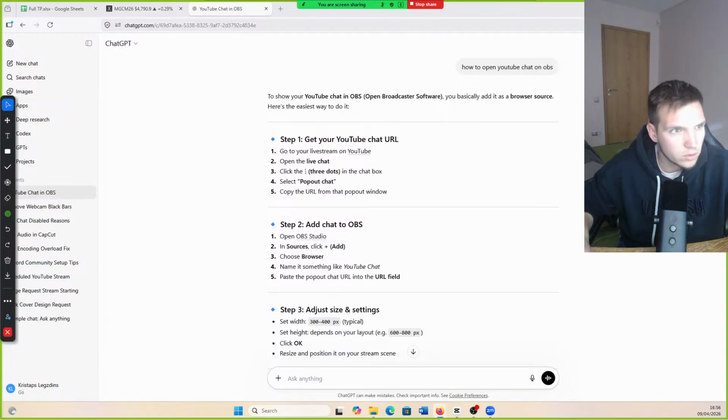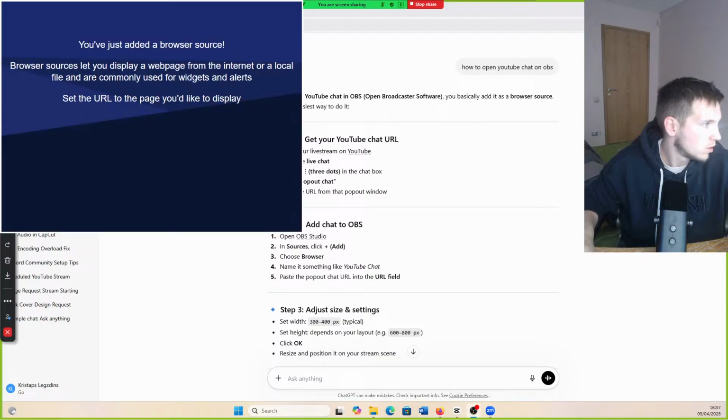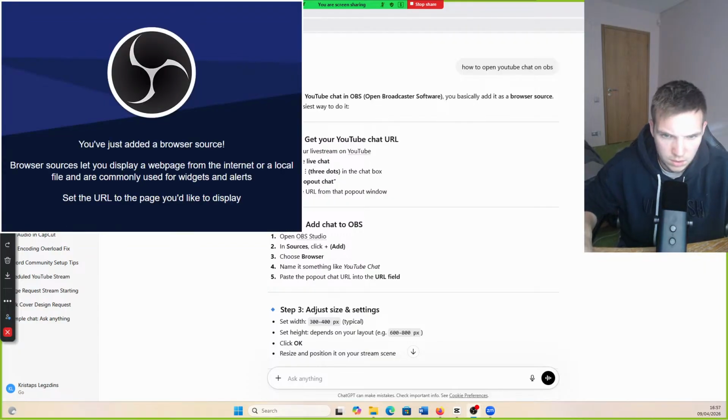Open live chat, 3 dots, pop out chat. Copy the URL from that pop out window. Okay, open OBS Studio. In sources, click add. Choose browser. YouTube chat. Okay. Paste the pop-out chat here in the URL field.